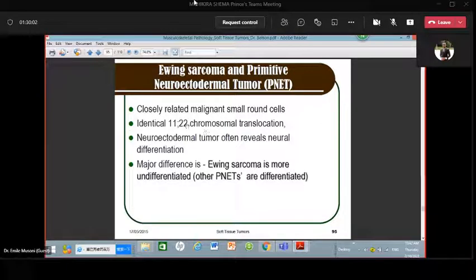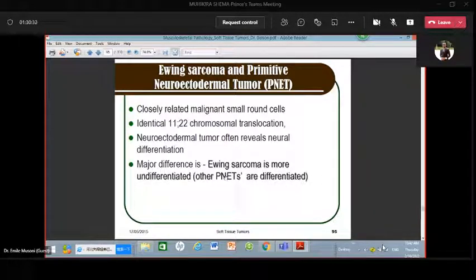It has genetic factors, translocation, the 22. Tumors, those primitive neuroectodermal tumors.